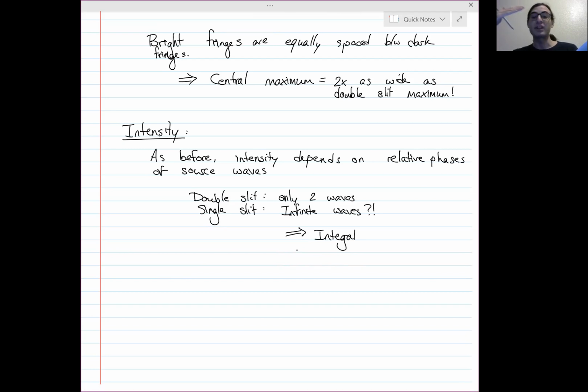Here, we want to add up an infinite number of things. That is just an integral. So basically we're adding up cosine of x plus phi 1, plus cosine of x plus phi 2, plus cosine of x plus phi 3, and so on and so forth, ad infinitum, and then you're integrating, basically from phi goes from 0 to 2 pi continuously.